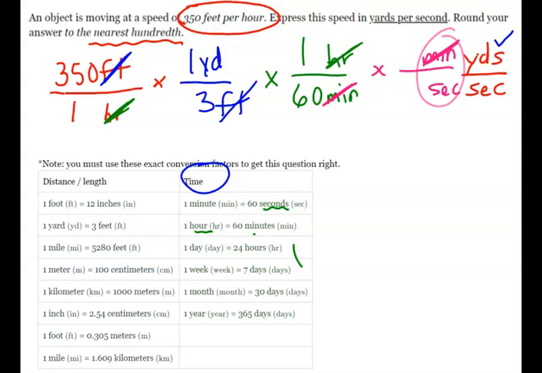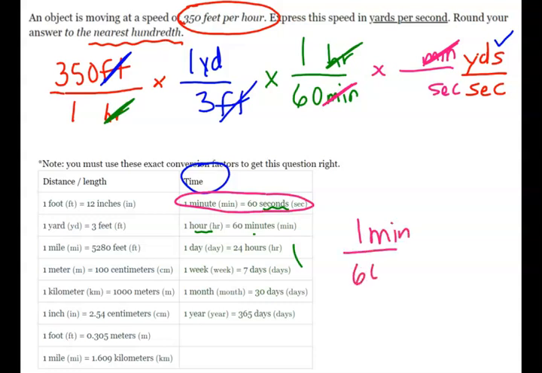I have a ratio with minutes and seconds, and that would be this fact here. 1 minute for 60 seconds, and minutes on top, seconds on bottom. That's exactly what I need. So now I have the right units in the numerator and denominator, and now I have one really large math problem here. So let's take our calculators out.